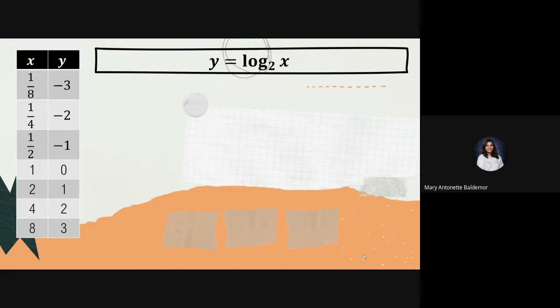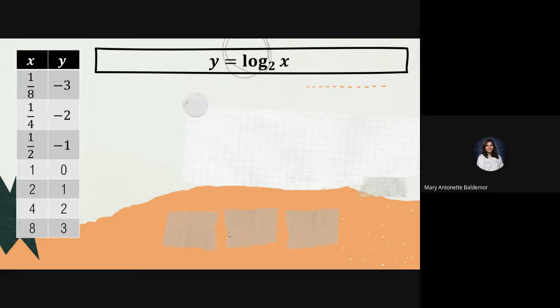If x is 2, y is 1. If x is 4, y is 2. And if x is 8, y is 3. Now, for assigning values, we can assign different values for x aside from these. It depends on you, so that you can sketch the graph of the logarithmic function.